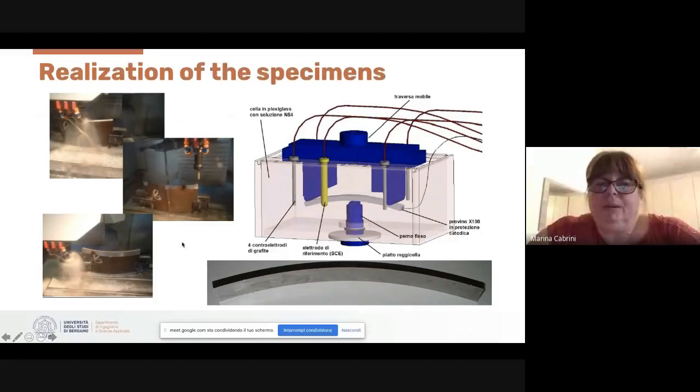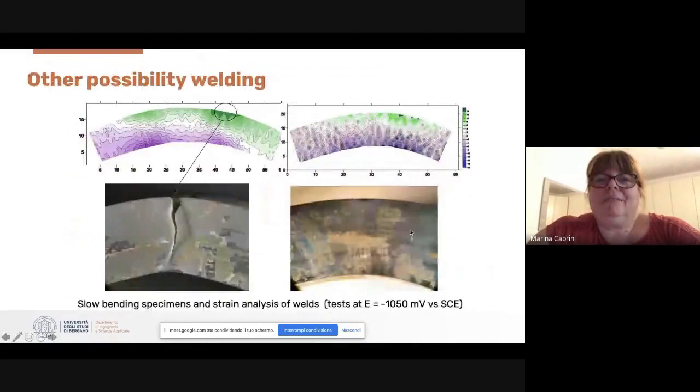We have removed the over metal, we have cut some specimens, and we have made some tests in air in order to evaluate the strain condition in the upper surface of the specimen, and made some tests in the presence of hydrogen cathodic charging. We can see 2 different results for 2 different welds.